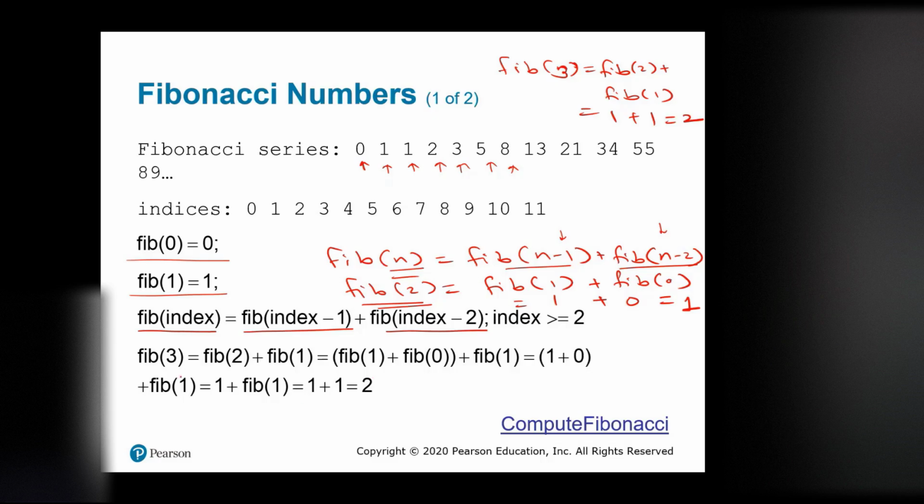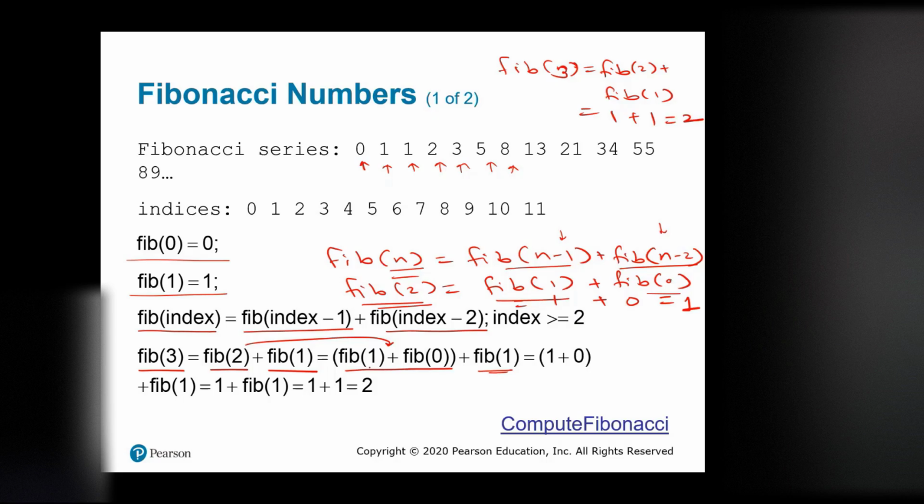So here, if we are solving Fibonacci of 3, how will it solve? Fibonacci of 3 is Fibonacci of 2 plus 1. Now, what is Fibonacci of 2? It is 1 plus 0. So if we break it down as Fibonacci of 1 plus Fibonacci of 0, that is the value of Fibonacci of 2. And this 1 as it is.